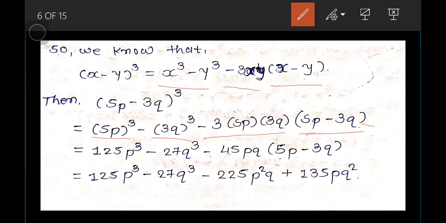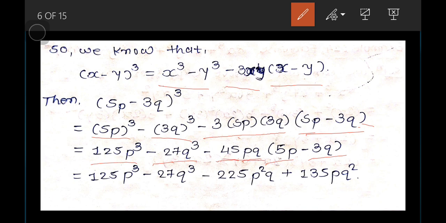So the cube of 5p is 125p cube, the cube of 3q is 27q cube, minus 3 times 5 is 15, and 15 times 3 is 45pq, into (5p - 3q).